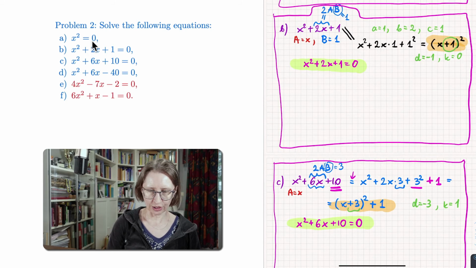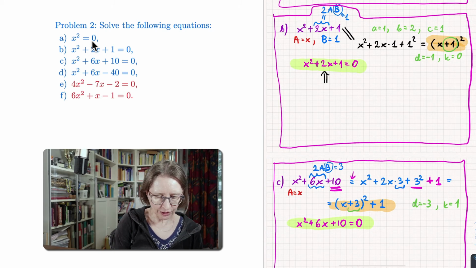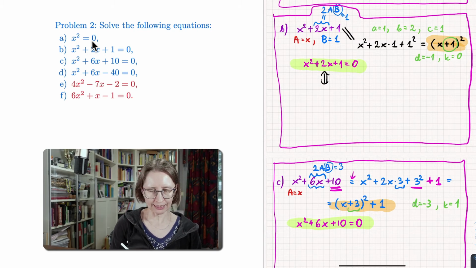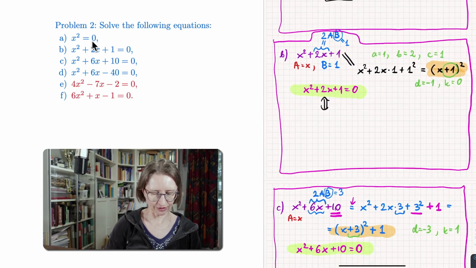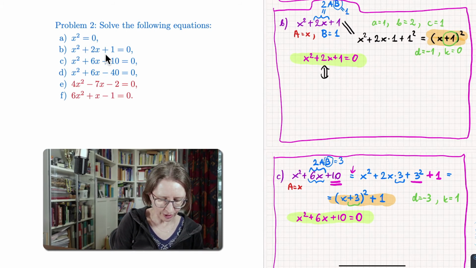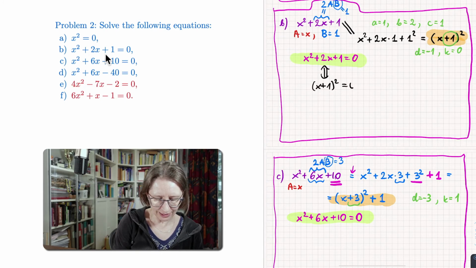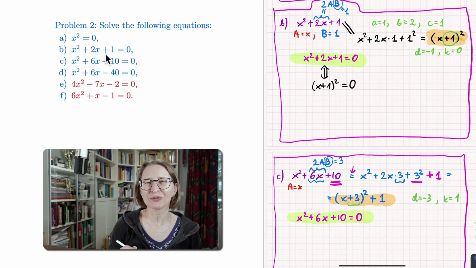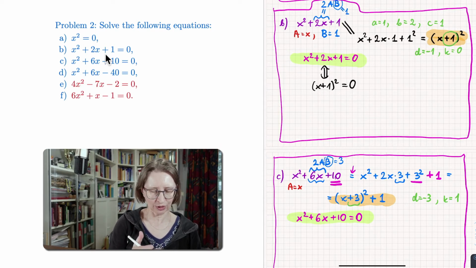Okay, we proceed to the next one, and we know from video 5, that this equation here, which we have to solve, is equivalent to the equation x plus 1 all squared is equal to 0. Because you remember, we completed the square, and we know that this expression is equal to x plus 1 all squared.